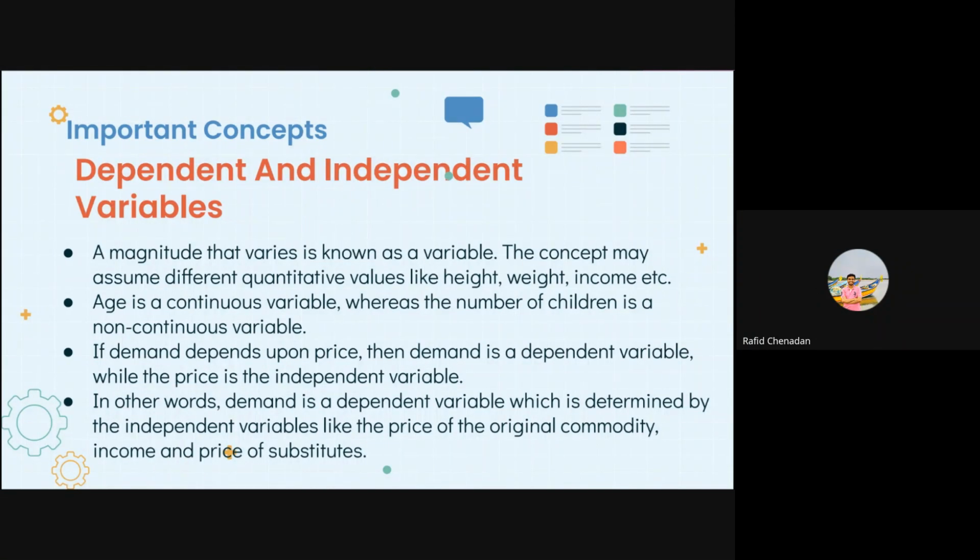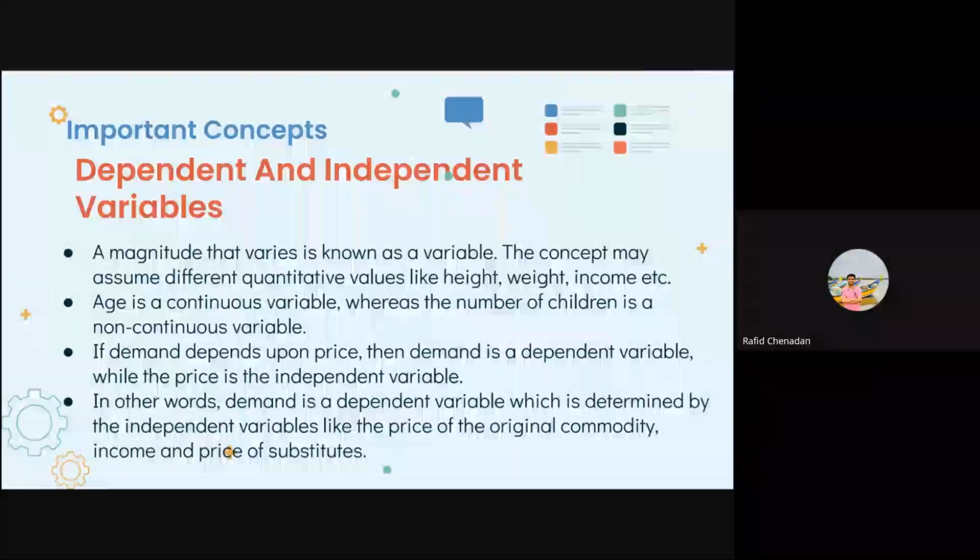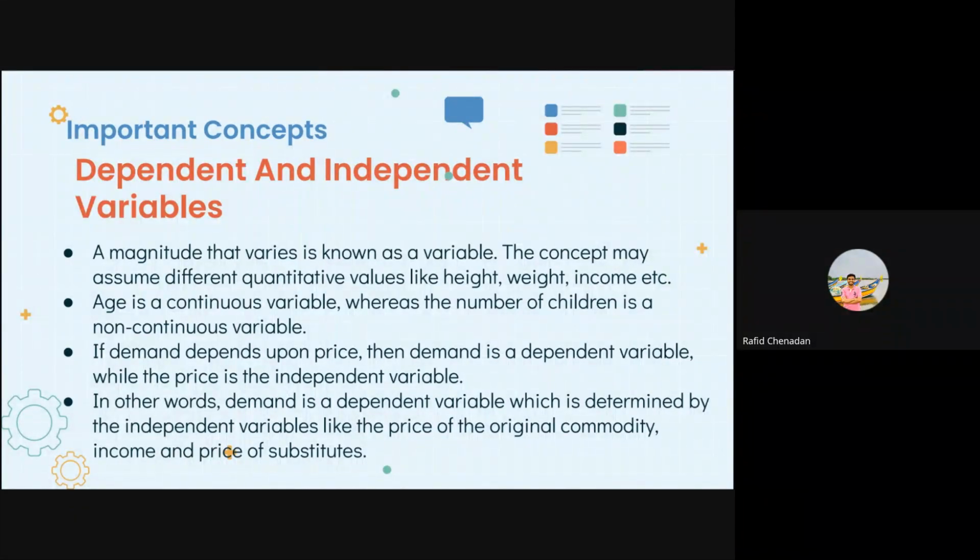Okay, now we are at the discussion of a variable. Variable, I said whatever varies is a variable. Age is a variable. Number of children is another variable. And we have continuous variables and non-continuous variables.